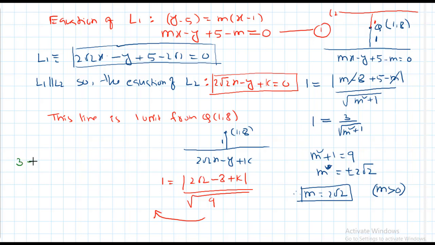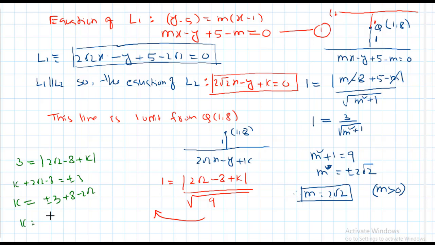So 3 equal to modulus of 2 root 2 minus 8 plus k, or k plus 2 root 2 minus 8 equal to plus or minus 3. k equal to plus or minus 3 plus 8 minus 2 root 2.